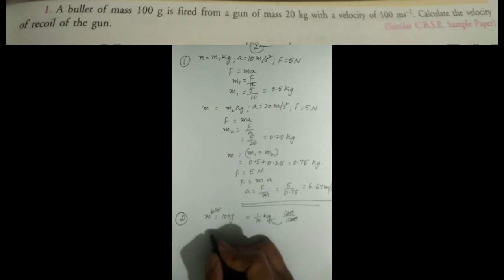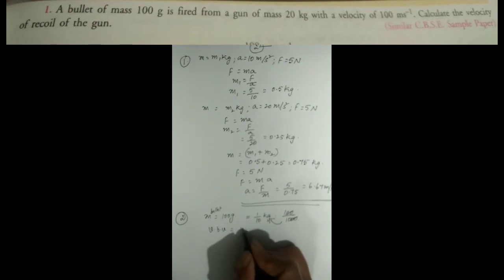Now velocity of bullet, V, is given as 100 meters per second. Now mass of gun is equal to 20 kg. Recoil velocity, he asked, is equal to how much?